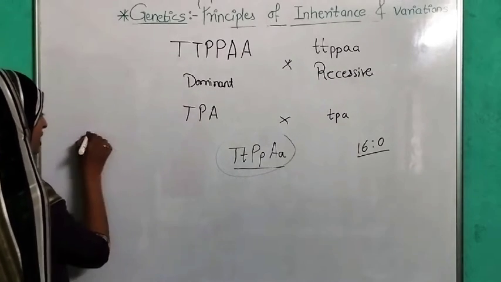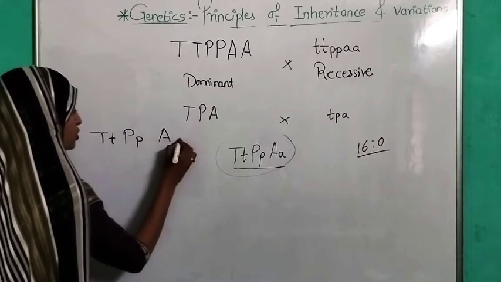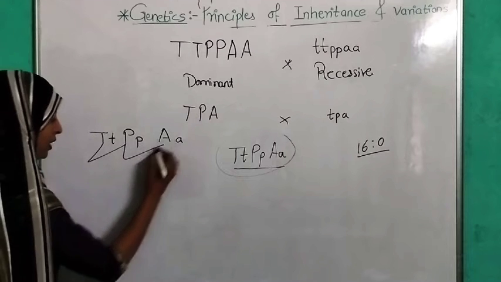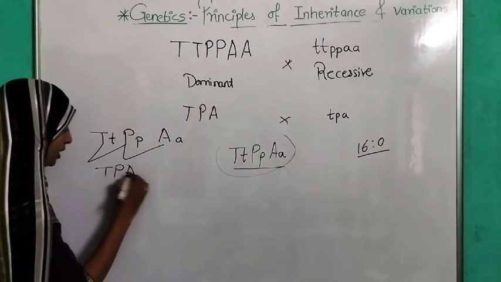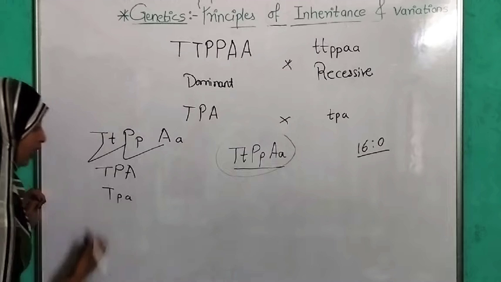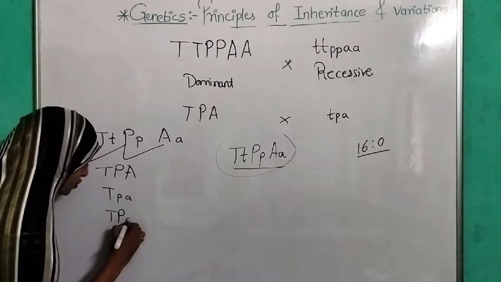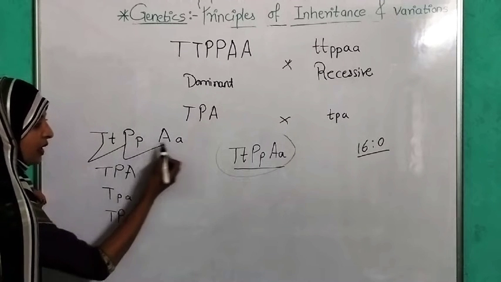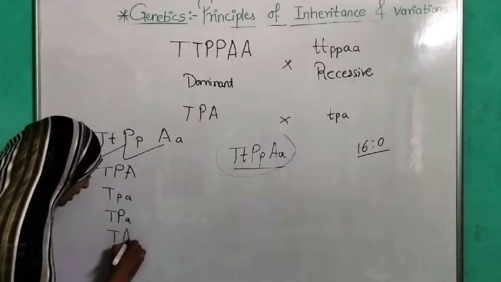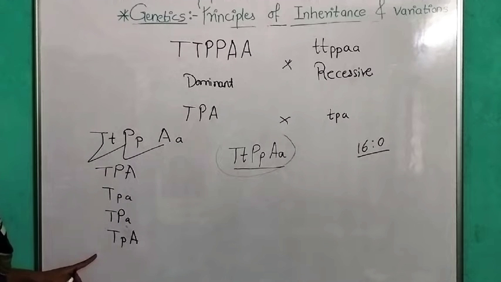So we see here capital T, capital P, capital A; capital T, small p, small a; capital T, capital P, small a; capital T, small p, capital A. We get here 4 different types.